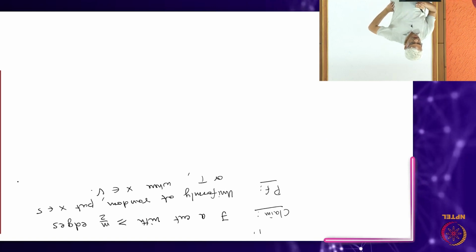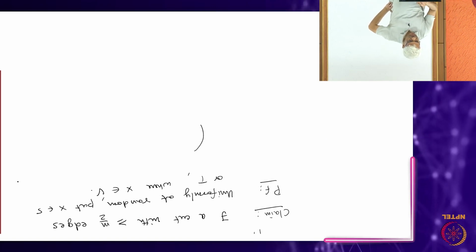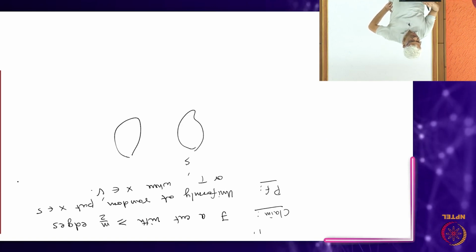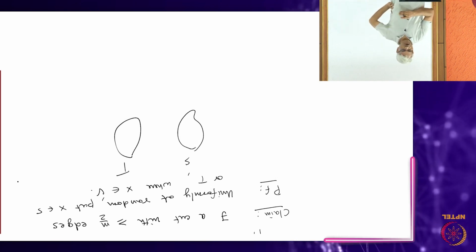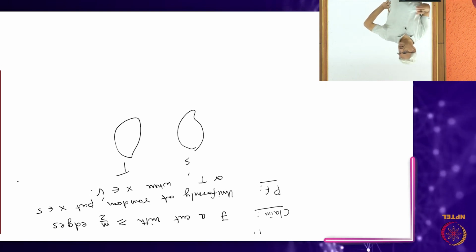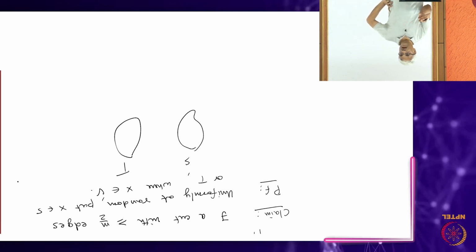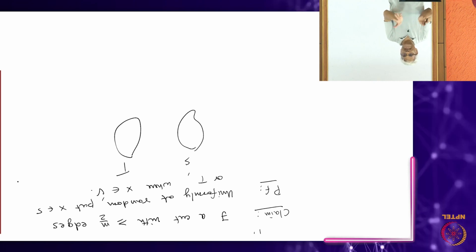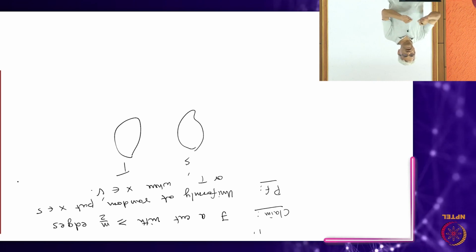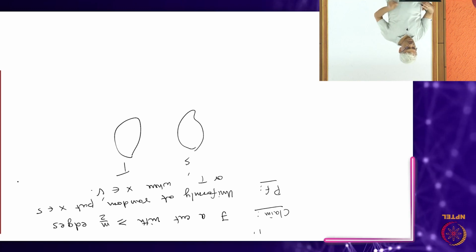Now, let us see how many edges. I have gotten my S and I have gotten my T, randomly partitioned. Now, I want to understand how many edges are going across. That will be a random variable, because this partition is random. So, I can only talk about the expected number of edges going across the cut.